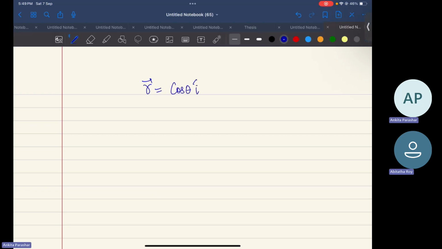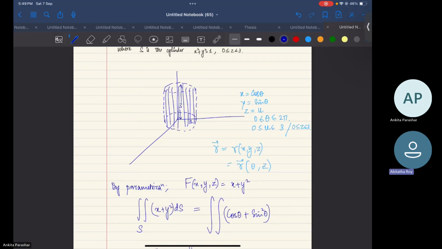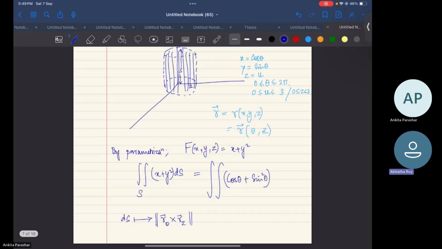Since r is equal to 1, x and y can be represented only in terms of theta. That's how we have transformed the function of x, y, z into a function of theta and z. Of course, z is a variable to me.